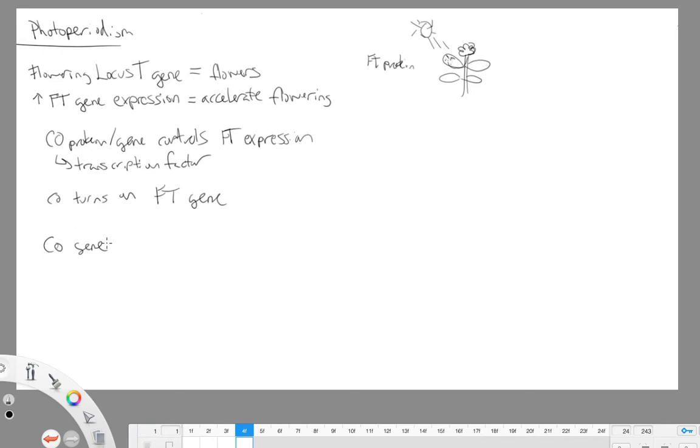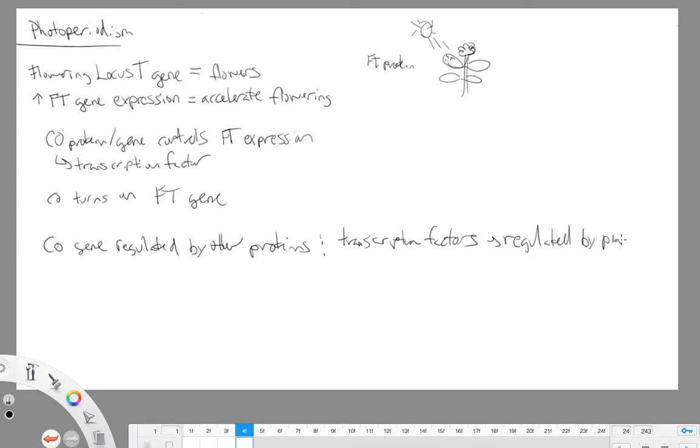So CO gene is regulated by other proteins and transcription factors, which in turn are regulated by plants' circadian clock.